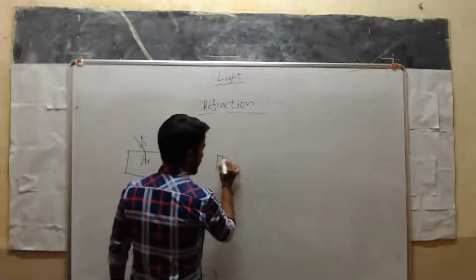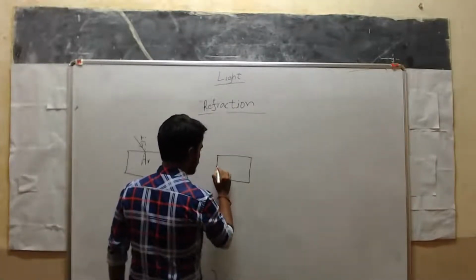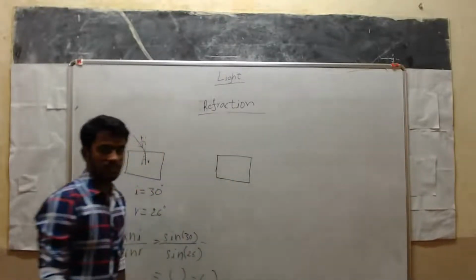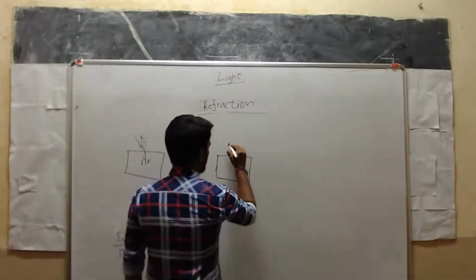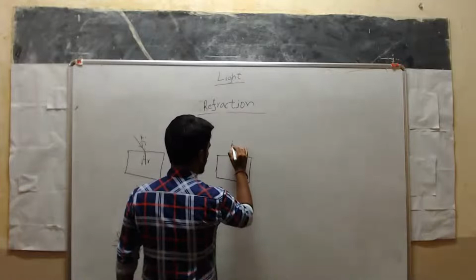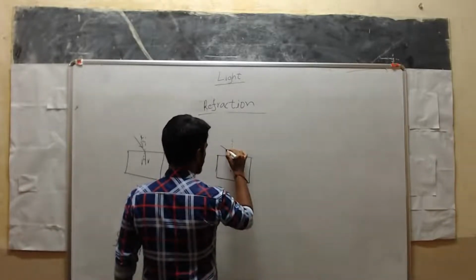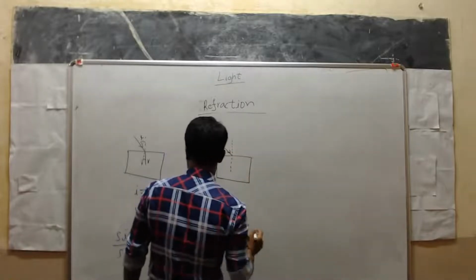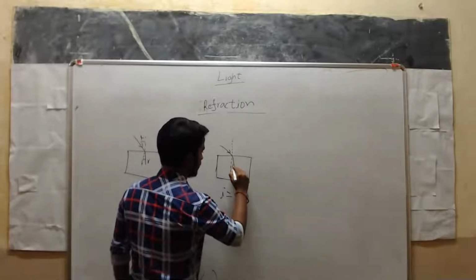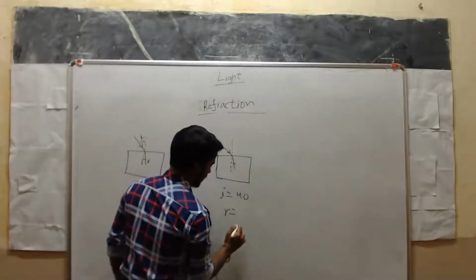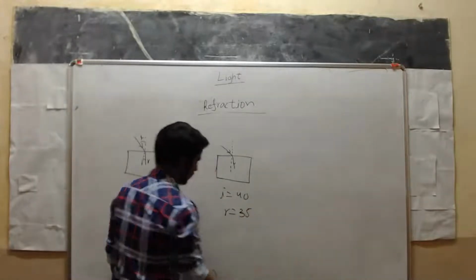Next, in the second case, I will change the angle of incidence. For example, say the angle of incidence is 40 degrees, then the angle of refraction is 35 degrees.